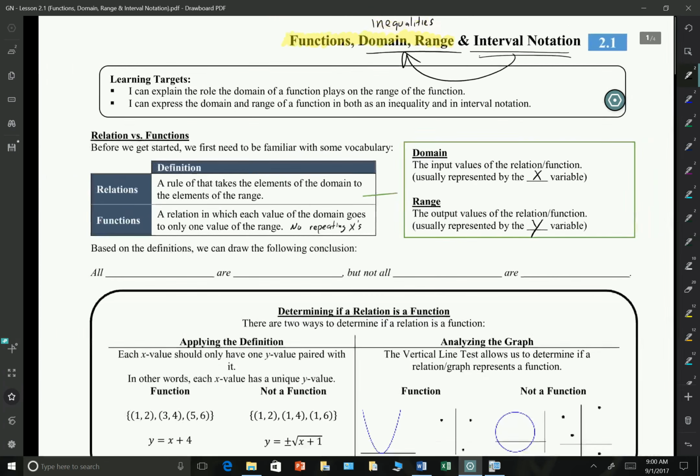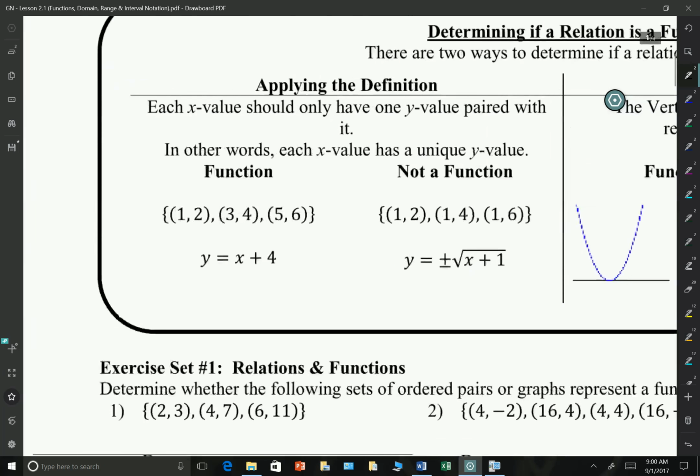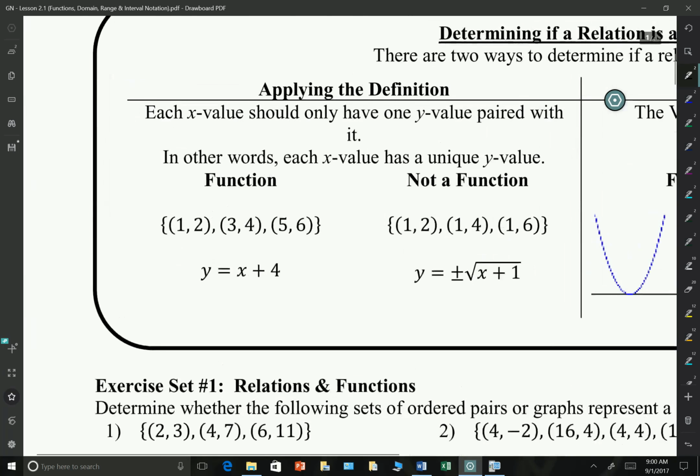So we have all functions are relations. A function is a special type of relation. But not all relations are functions. And here's what we can look at if something's a function. We can apply the definition. Each x should have only one y attached to it, and that's where we say no repeating x's.